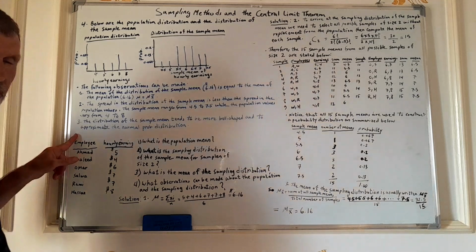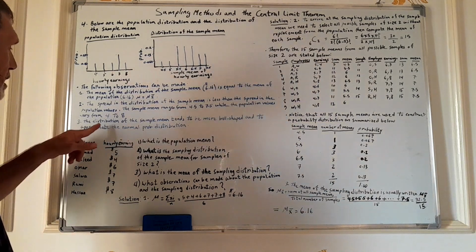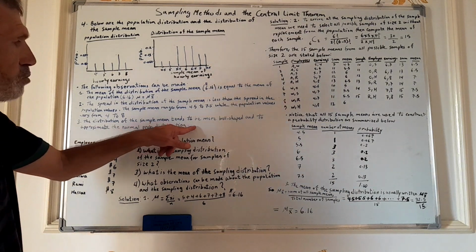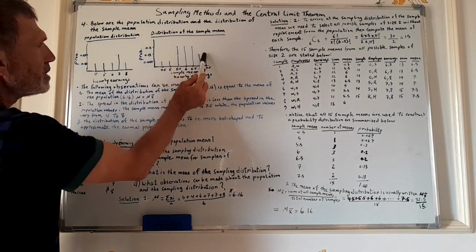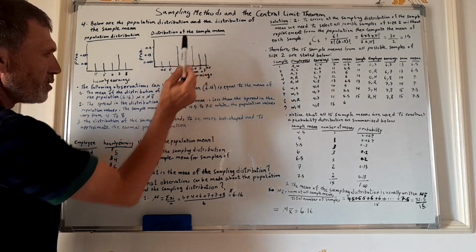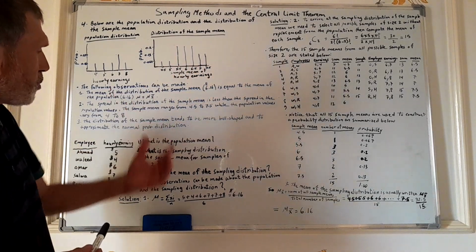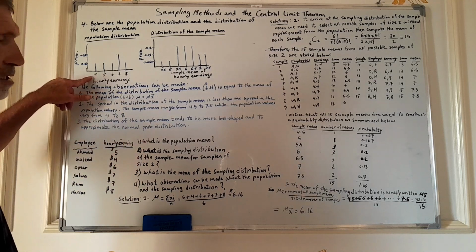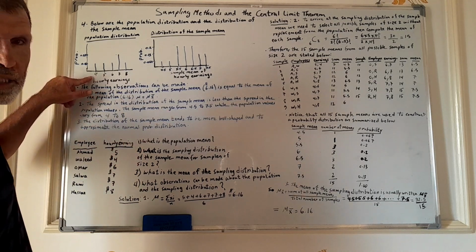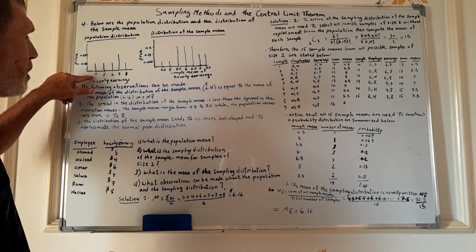And the third observation we can make is that the distribution of the sample mean tends to be more bell-shaped, as you can see over here. This is more bell-shaped, okay? And it approximates the normal probability distribution. If you look over here, it's not bell-shaped.